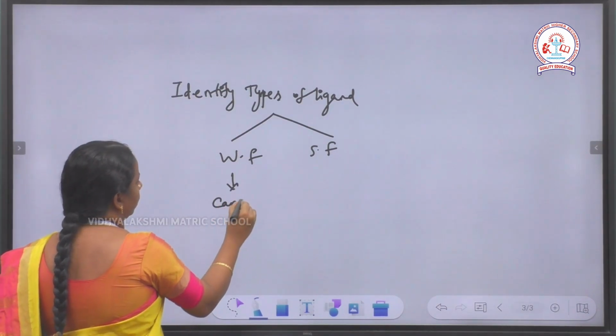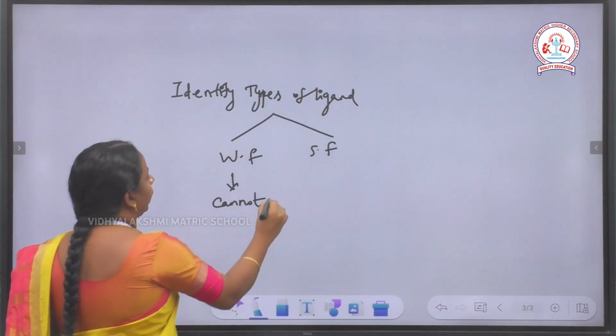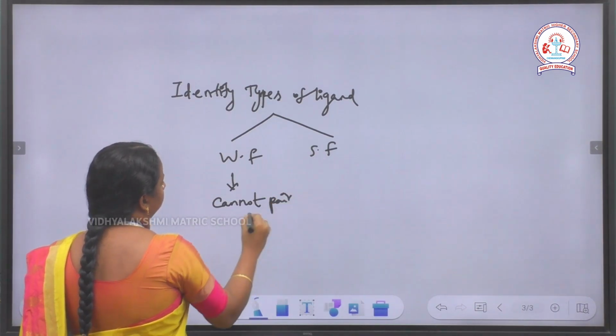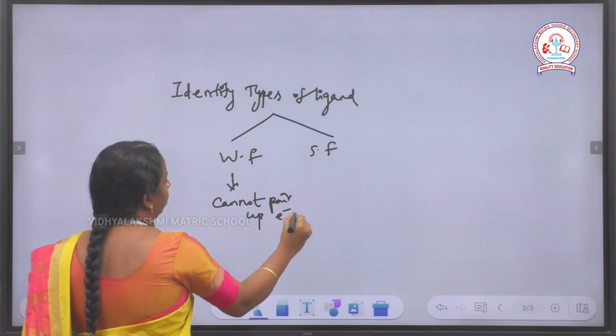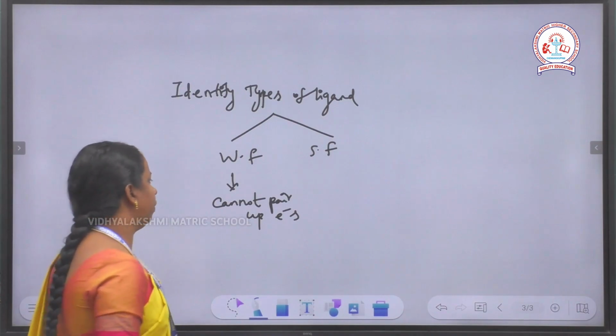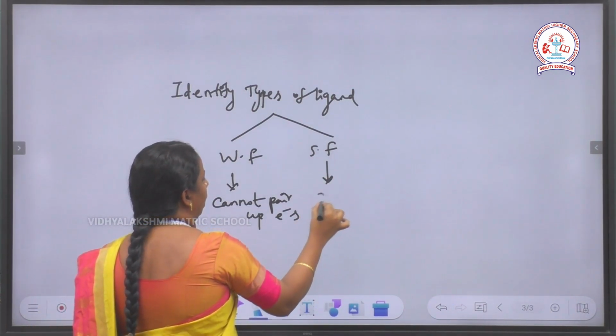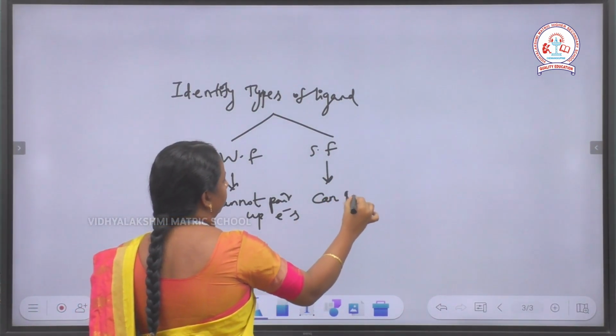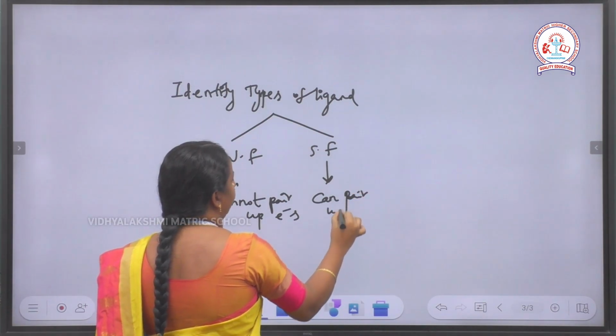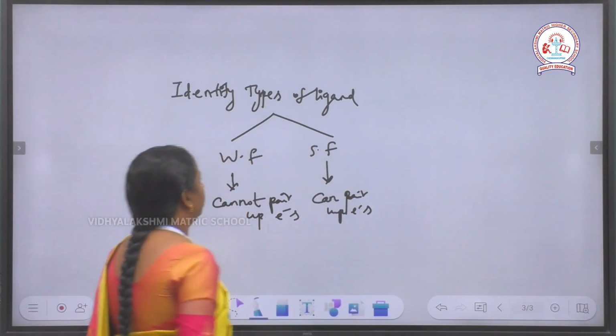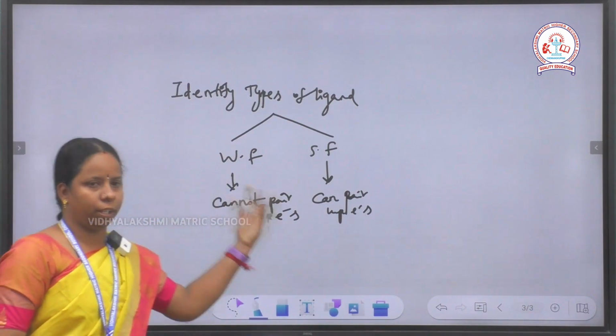This is very, very important, students. Weak field ligand cannot pair up the electrons. Then a strong field ligand can pair up the electrons.